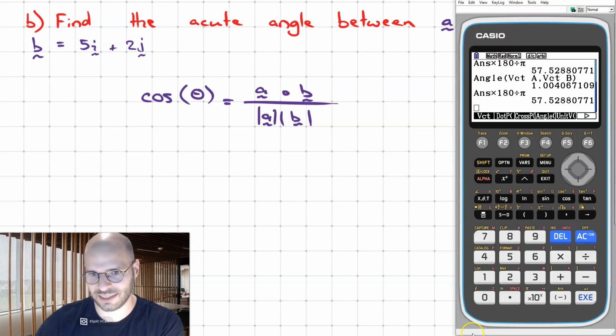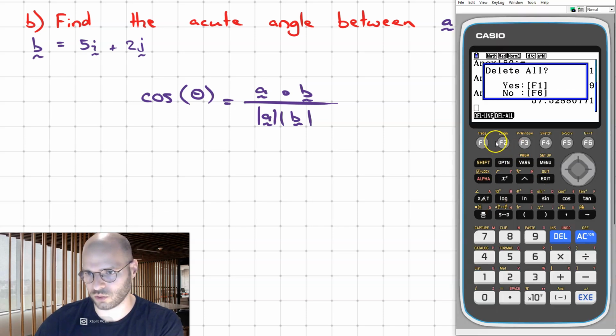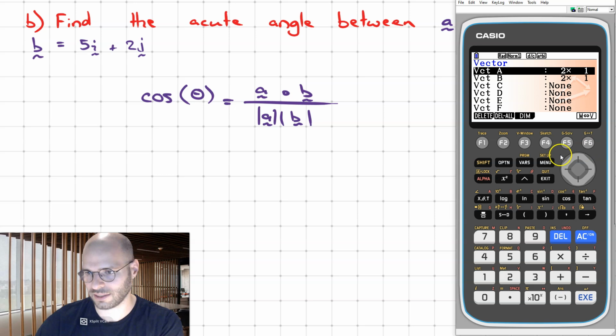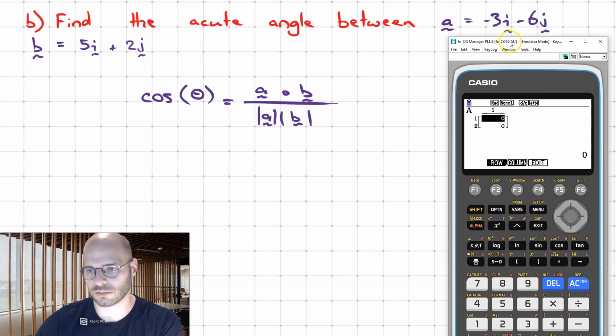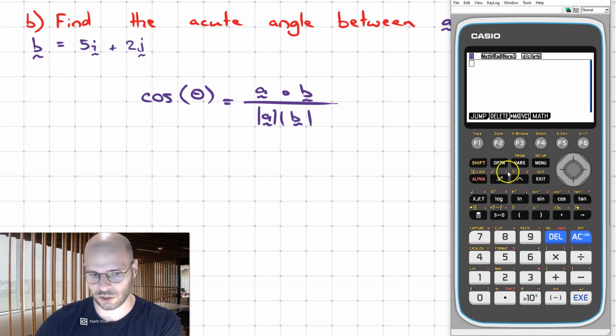Next, let's key this in our calculator. We will clear the memory, map vec, say goodbye to the vectors and put in the new ones. Okay, we go option, we're going to go map vec, we go across to find our angle, vec, angle, vector A, vec, vector B, and out it comes.